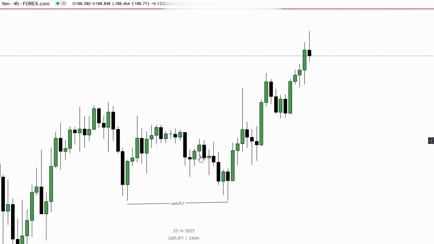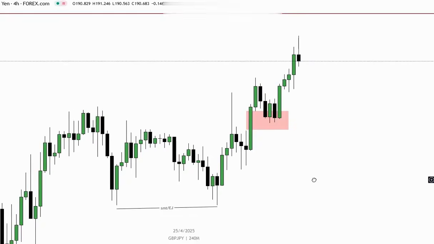So price is not super clear here. Somebody can argue you have a breaker there, but it's not that good for me on Tuesday. On Wednesday, price came down and did what? Built this imbalance. Now this is making sense.